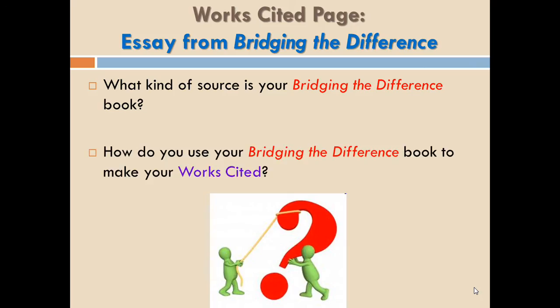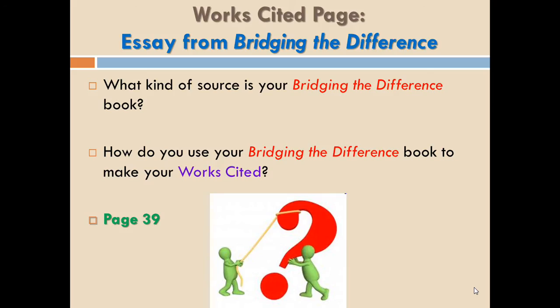Now, how can you use your Bridging the Difference book to make your works cited page? Well, first of all, you can go to page 39, which is where the information about making a works cited page starts. It's got a list of how to format the page, and then it's got a list of different types of sources that you might use for a paper, and how to take the information about those sources and put it in a works cited entry.